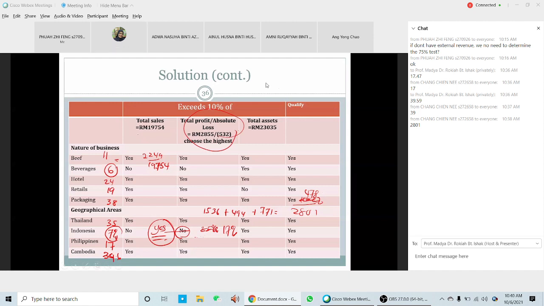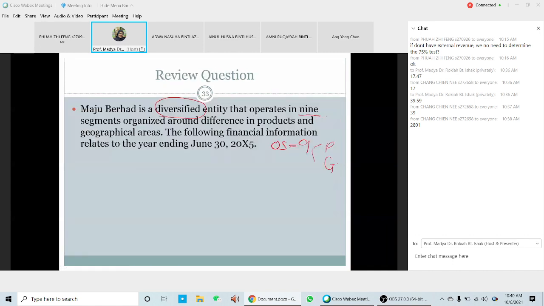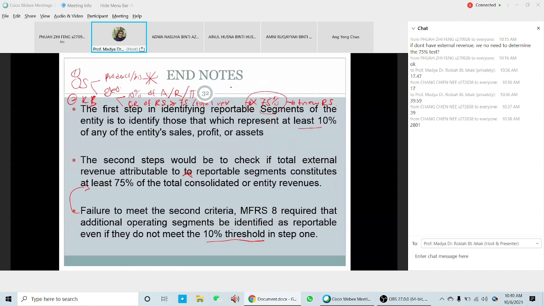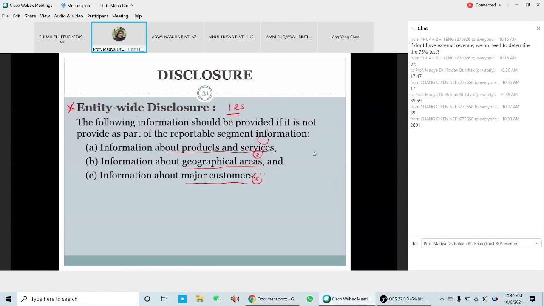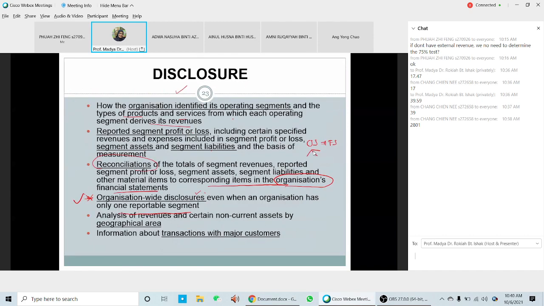Any questions related to the operating segment? The importance of the operating segment that you need to know. Make sure that you understand this one, and then the entity. The disclosure part is important.